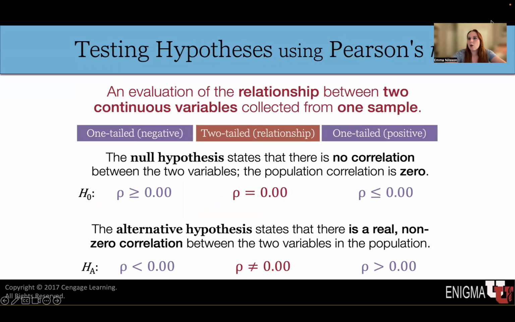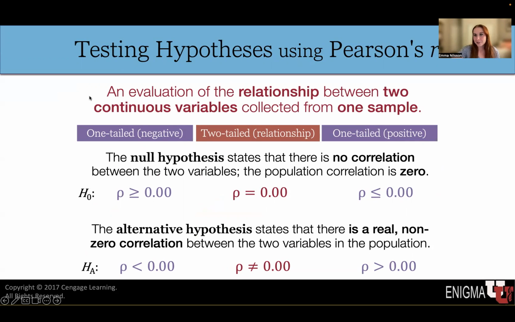Now let's talk about how we are going to be testing our hypotheses using Pearson's R. How do we actually apply this to our statistical analyses? Obviously, the first thing we do with every hypothesis testing situation is state our hypotheses. Here's how we state hypotheses with Pearson's correlation.